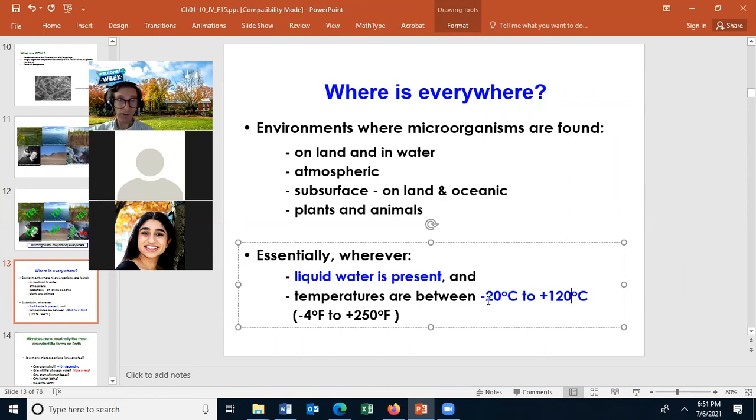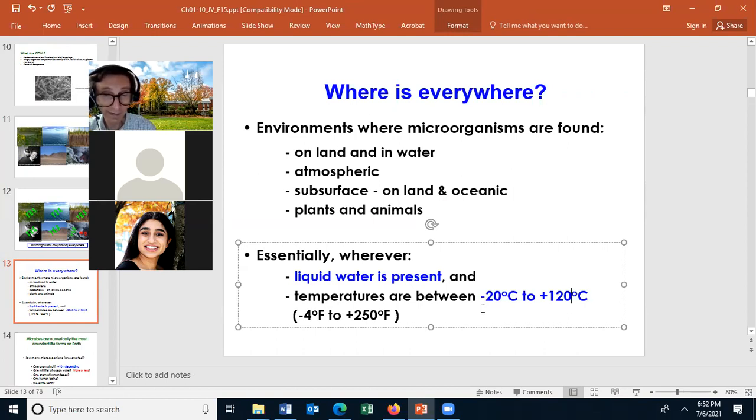At lower temperatures, the microbe would freeze, so it's not metabolically active, but it's not necessarily killed. Okay? And it depends on the microorganism whether it would die when it's frozen. Most bacteria, when you freeze them and then thaw them out, about 50% of the cells will still be alive.